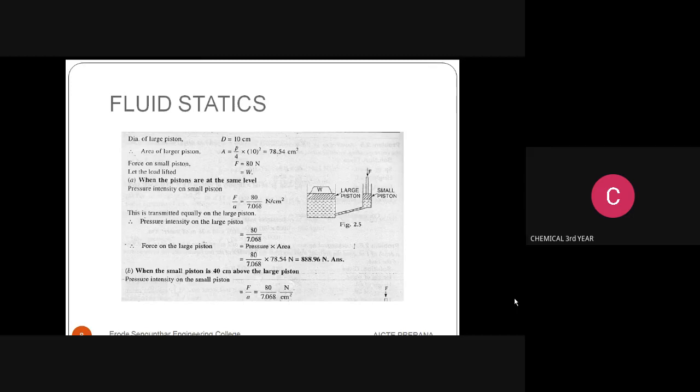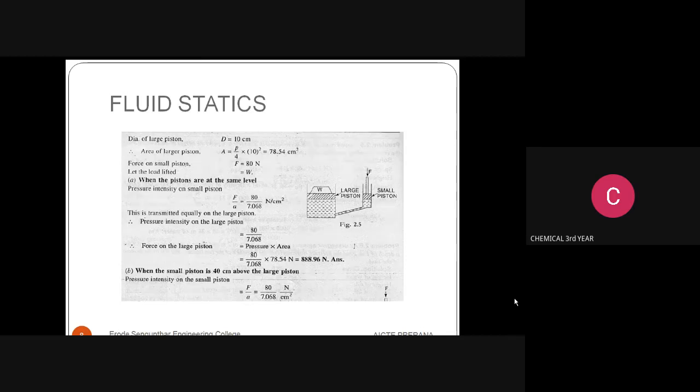This means this kind of force per unit area is transmitted equally to the large piston. Next we write the pressure intensity on the large piston. That is also 80 by 7.068, since there will be an equal transmission on the large piston, as the pistons are at the same level. Now we want to calculate the force on the large piston.